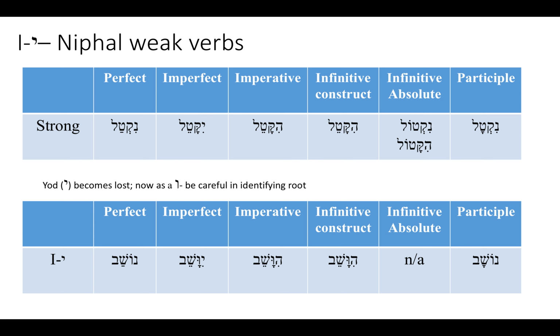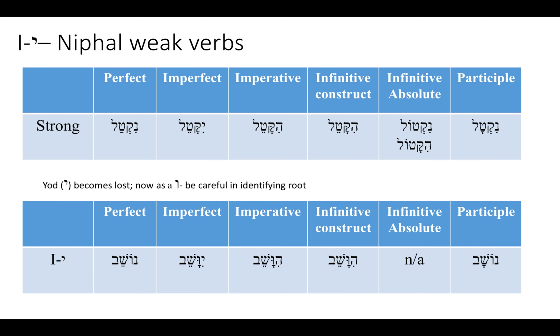The trouble with these is identifying the root form and being aware that a yod has potentially disappeared if we have a vav instead. All of these, however, maintain the nun prefix in the forms that are applicable, and in the imperfect forms they maintain the dagesh doubling of that vav, and they maintain the kametz vowel under the first letter.